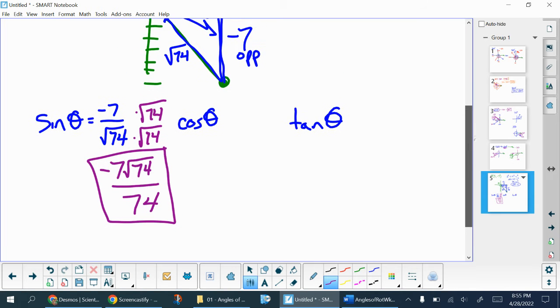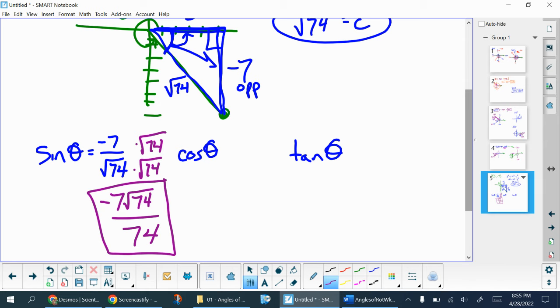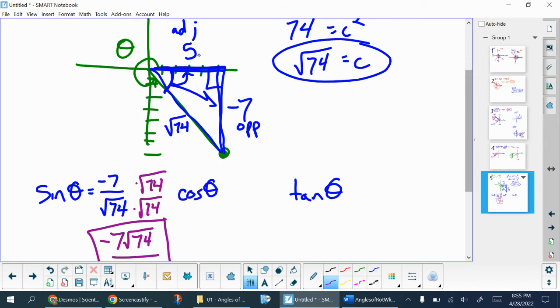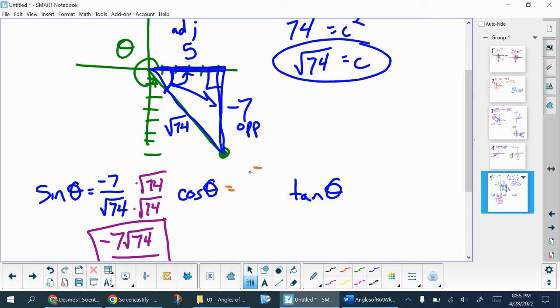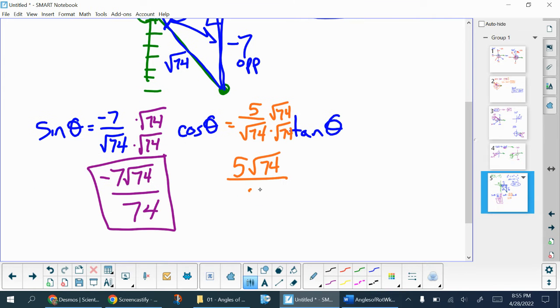With the cosine, we'll do the same thing. Cosine is adjacent over hypotenuse. So the adjacent is 5, so it is 5 over root 74. And I bet you can kind of guess how this one's going to turn out. I'm going to multiply by root 74 on top and bottom. On the top, I'm going to get 5 root 74. And on the bottom, I'm going to get 74.